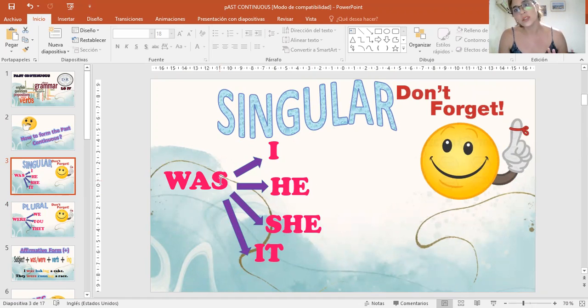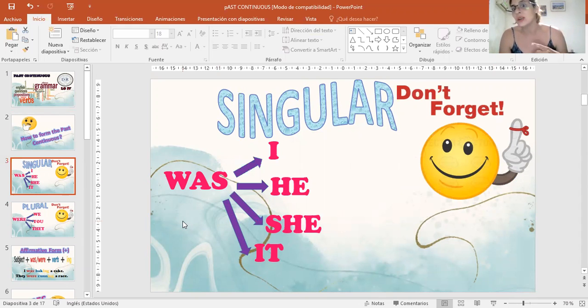This verb was works with the pronouns I, he, she, it. As regards the pronoun I, remember that it refers to the first person singular. He points to a masculine figure in the singular form.